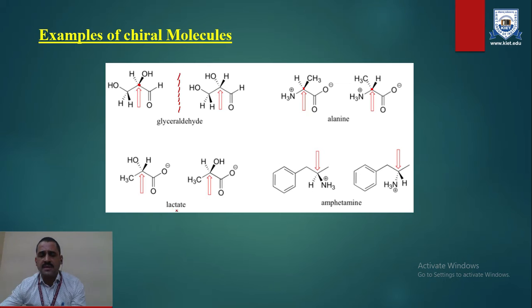Another is the example of lactate, which is a derivative of lactic acid, and the chiral carbons are present here and here. Another example is amphetamine, which is a neurotransmitter, and the chiral carbon is shown here and here. These are all biologically active molecules showing chirality in their structure.